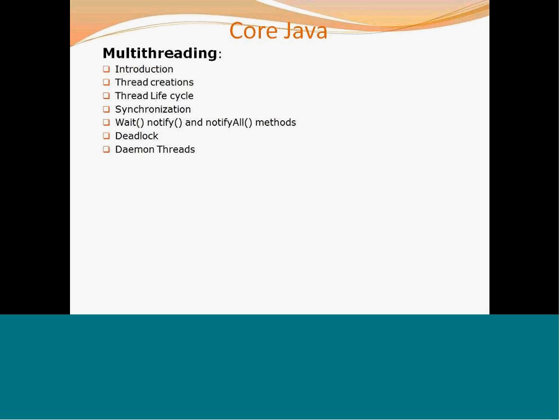Multi-threading means concurrent processes. You can execute 4 or 5 programs at the same time. What does it mean? On a single processor machine it is not possible, because we only have one processor.